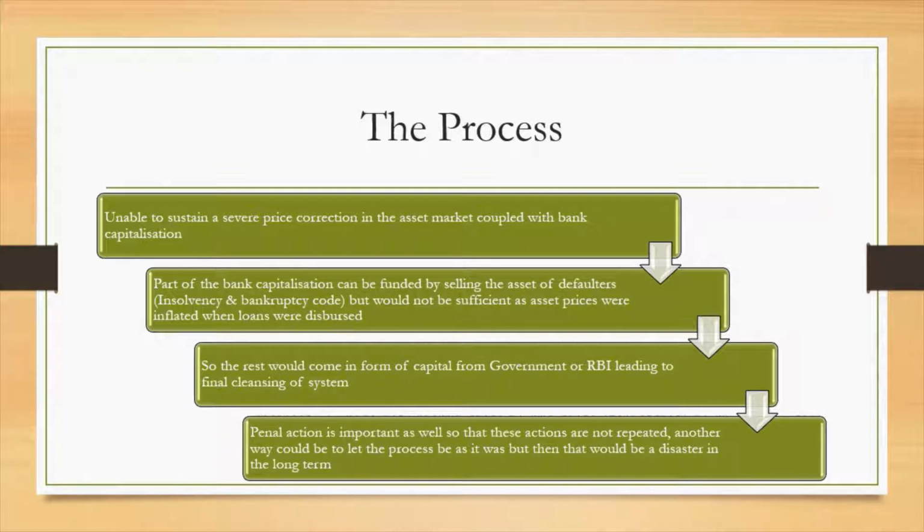Now, if the businessman or the person who has taken the loan is not able to give back the loan, the bank is holding the asset whose valuation is far lower than what it was a few years back when the loan was given. This leads to problems with the bank balance sheets.